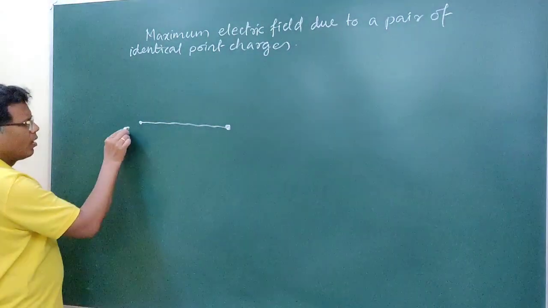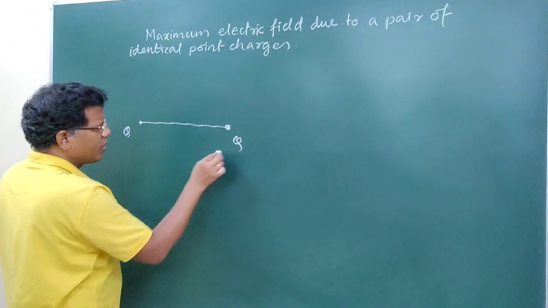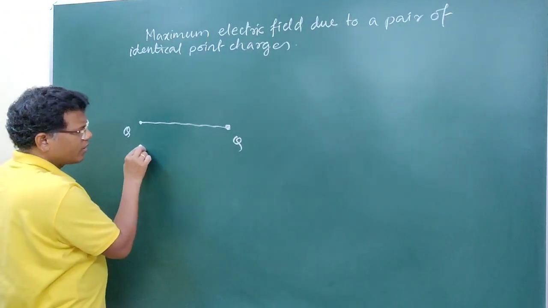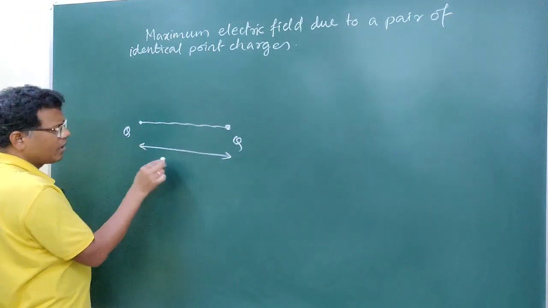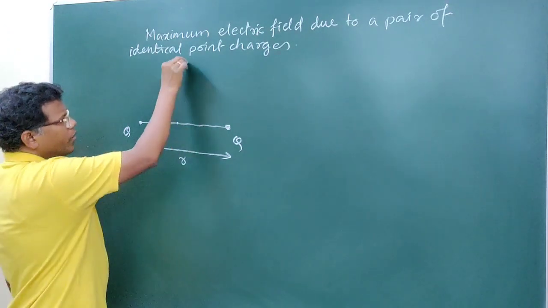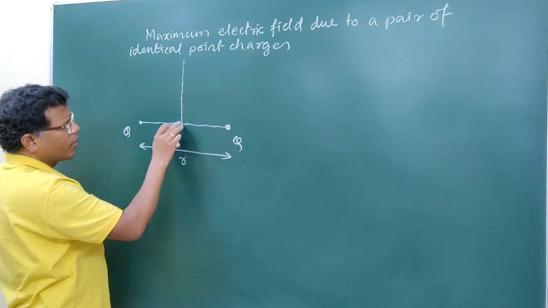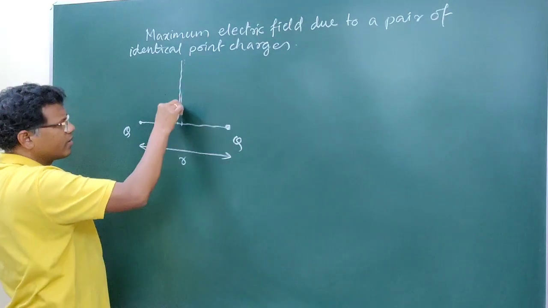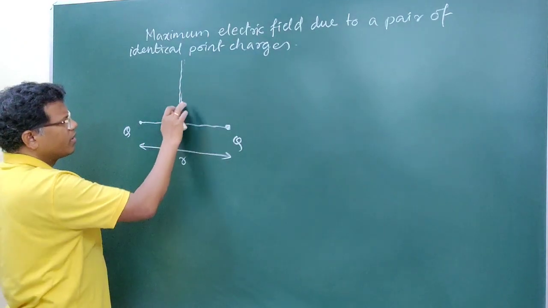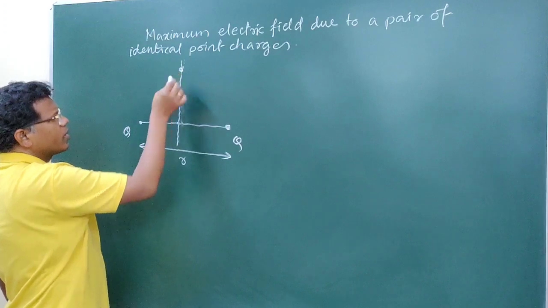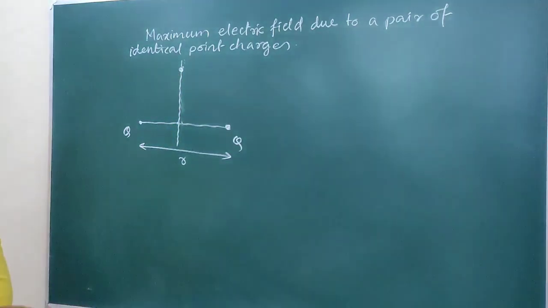So see, if this is Q, this is Q, they are separated by a distance r, for example, it will always be along the perpendicular bisector. Fine, it will always be along the perpendicular bisector.